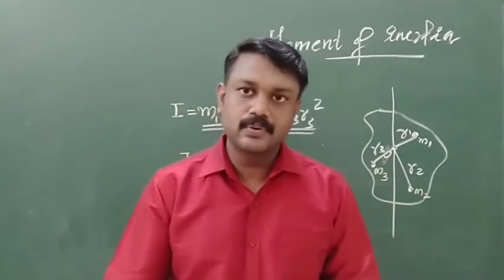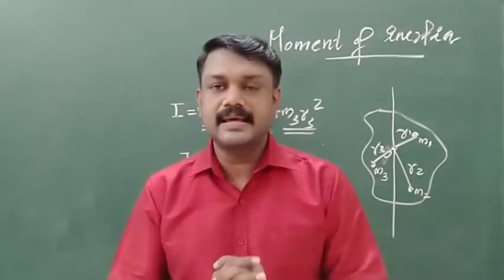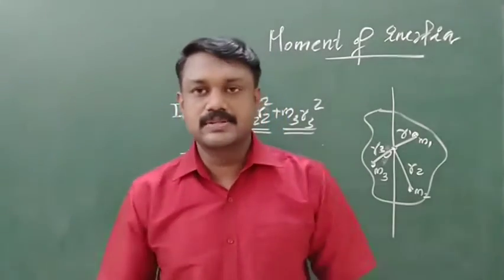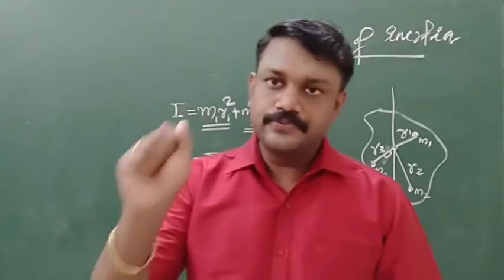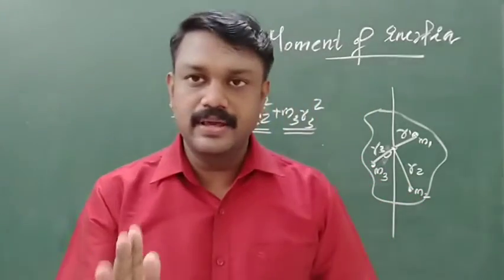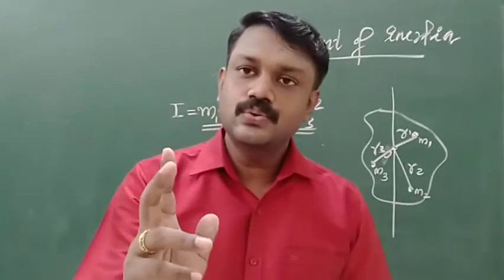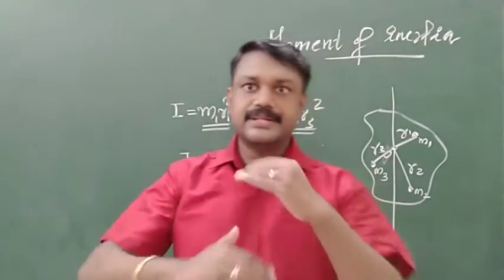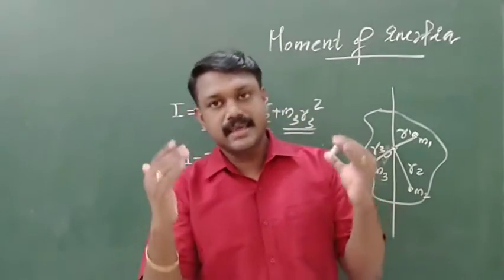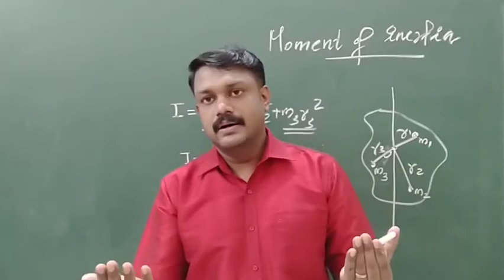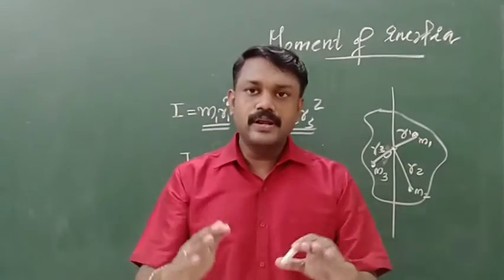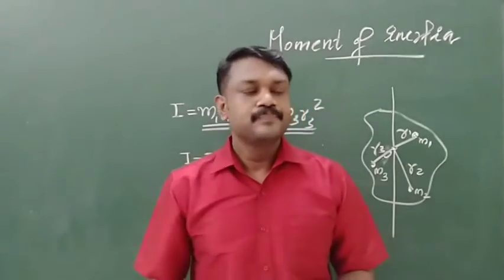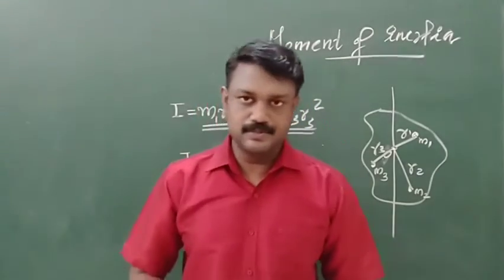So to find out the moment of inertia of a rigid body, we have two theorems. I already told you, depending upon the rotation and axis of rotation, the same body can have different moments of inertia. So, according to the situation, you can use one of these laws to find out the moment of inertia of a rigid body.